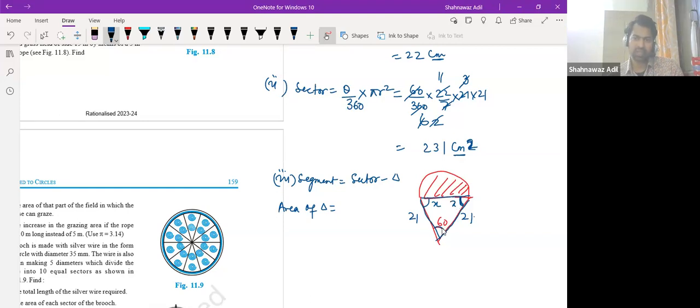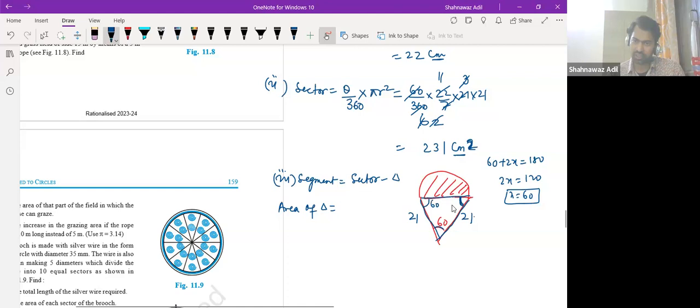So 60 plus 2x is 180. So 2x is 120, so x is 60. So every other angle is 60. Good observation.